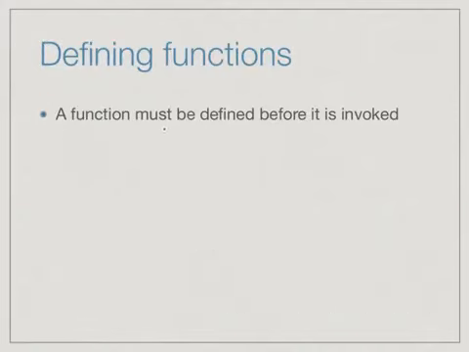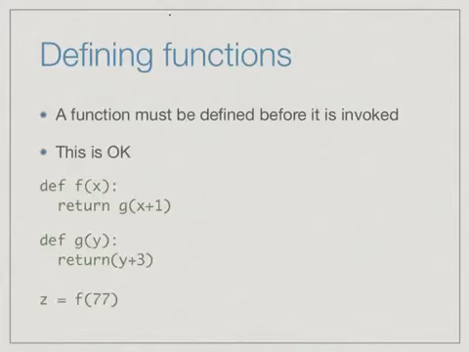One of the things that we mentioned up front was that a function must be defined before it is invoked. Now, this is a slightly subtle point, so let's look at it a little more. Remember that a Python program is read from top to bottom by the interpreter. So when the Python program is read, it reads the definition of f but doesn't execute it.